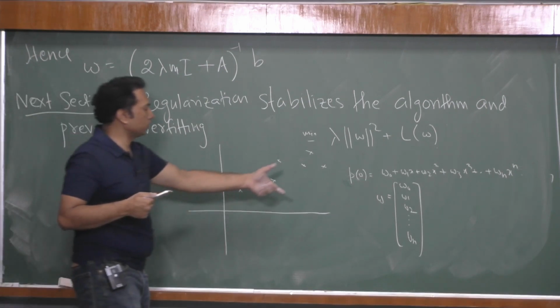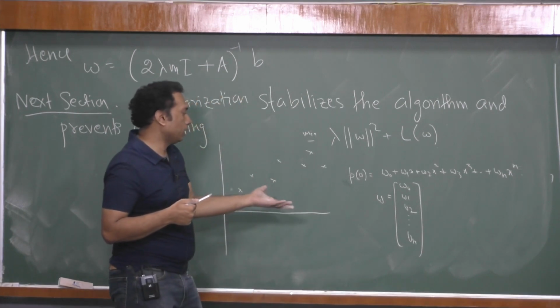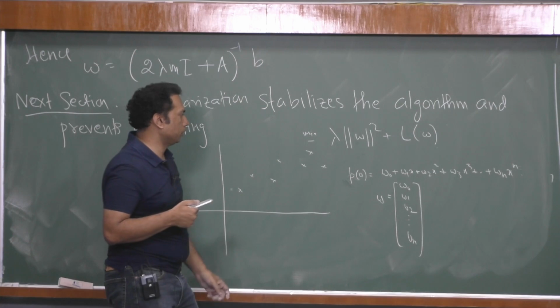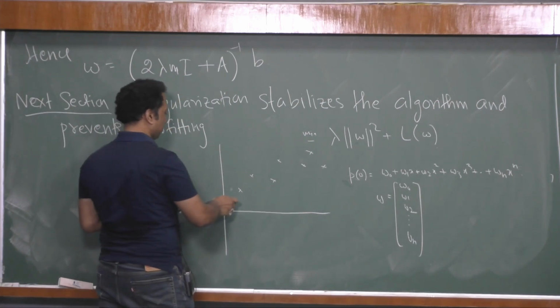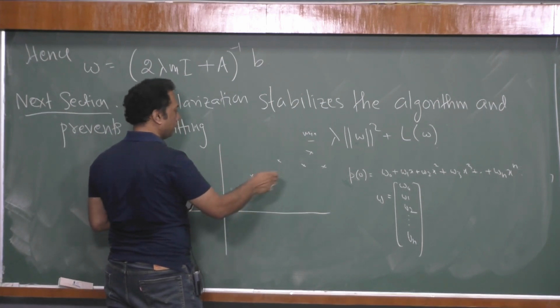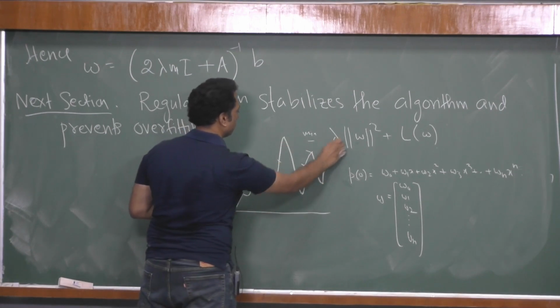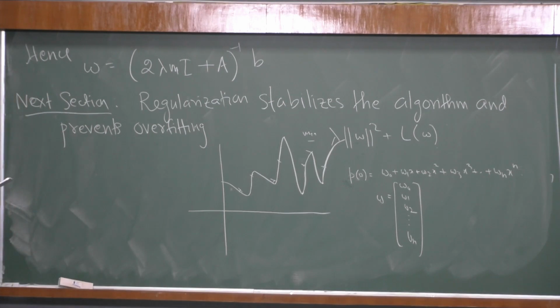Let us say you pick this polynomial to fit, where n you don't know in advance. Now maybe this n is too big, in the sense that it will employ a very high degree polynomial like this.